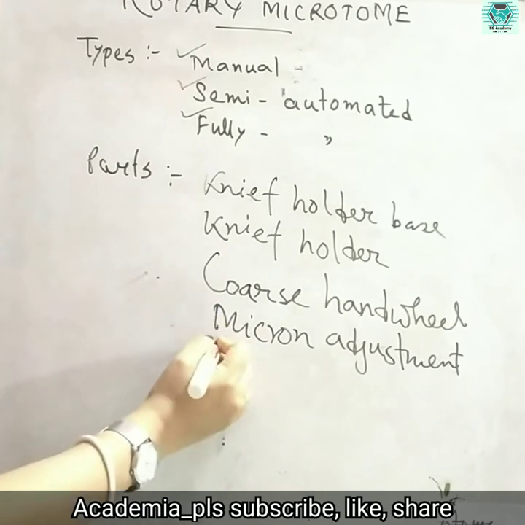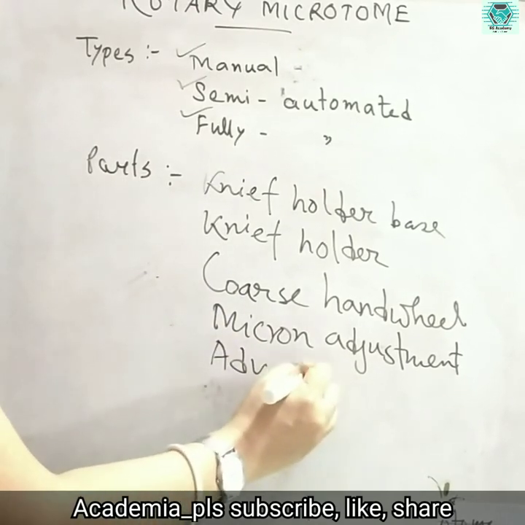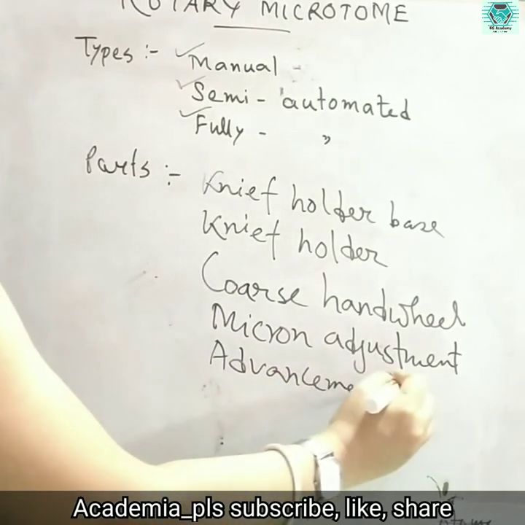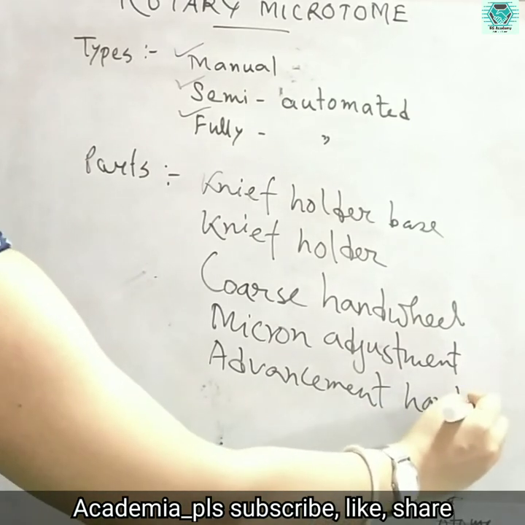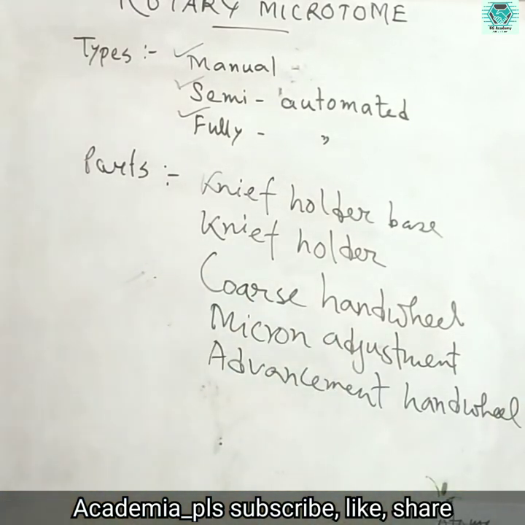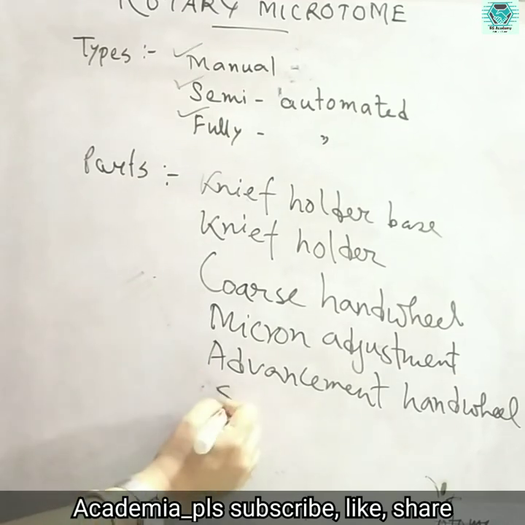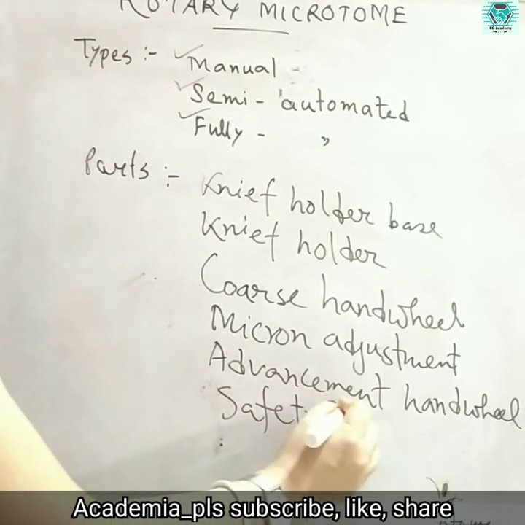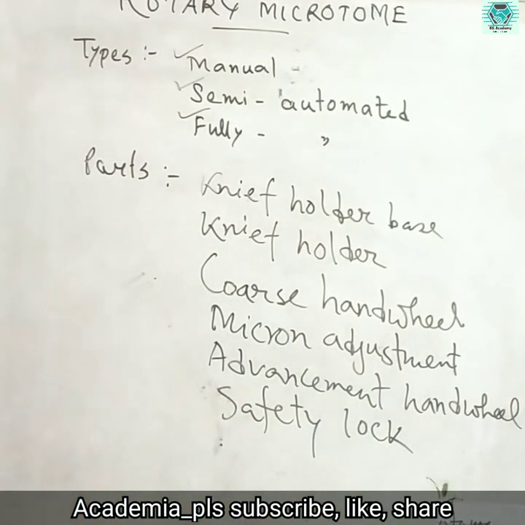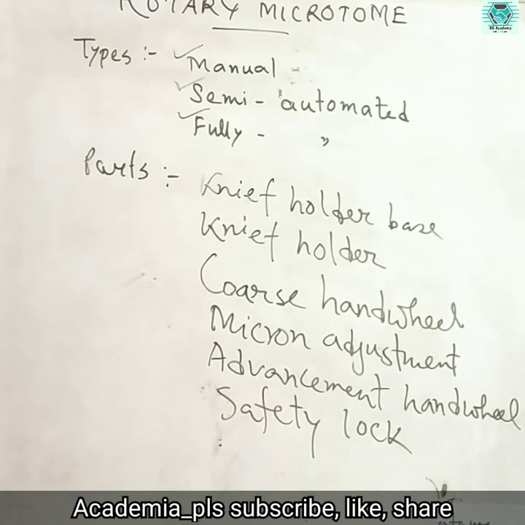Advancement hand wheel. Safety lock. So these are the basic parts of the rotary microtome: knife holder base, knife holder, coarse hand wheel, micron adjustment, advancement hand wheel, and safety lock. And now one by one we try to understand what these things are.